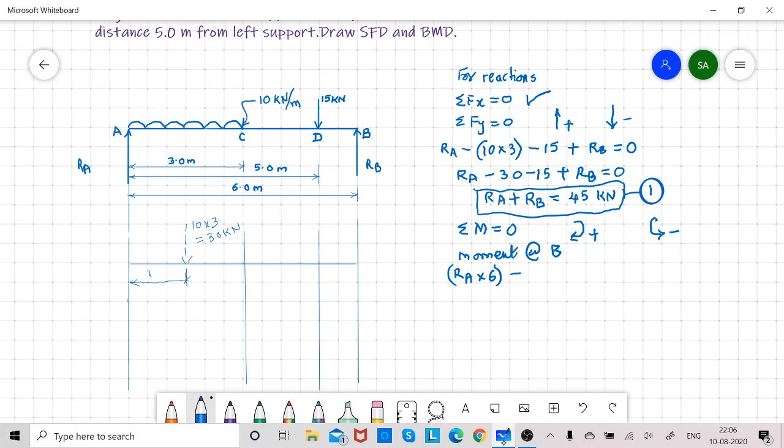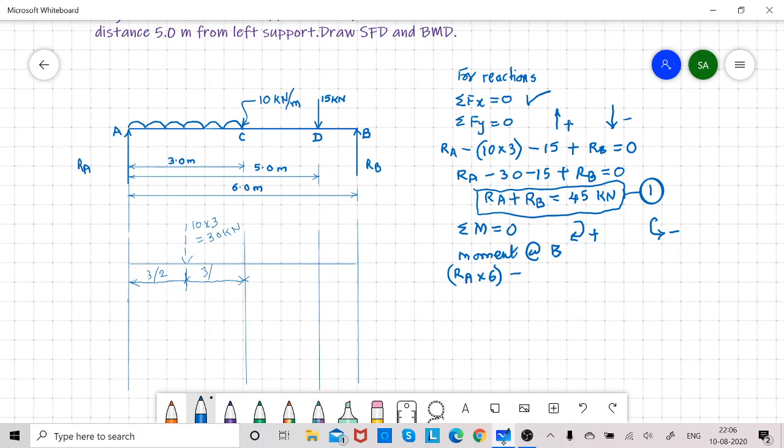In this case, it is 3 divided by 2. Remember, for calculation of distance of UDL, it is assumed that the total UDL is acting at the center of the UDL length.